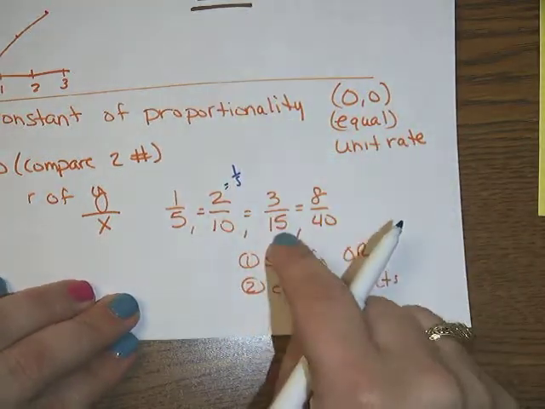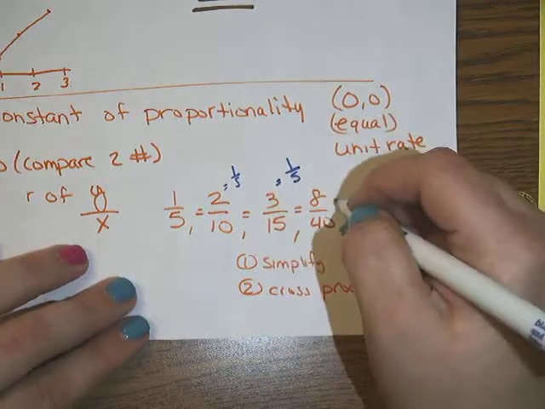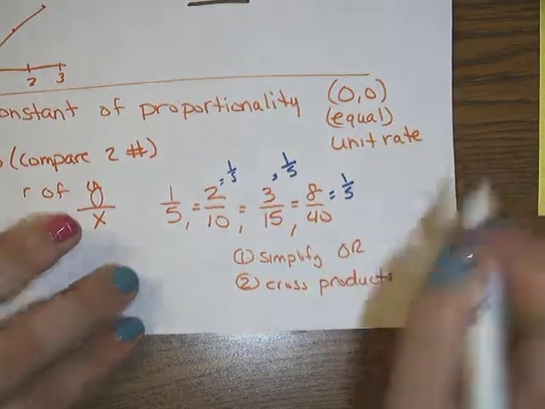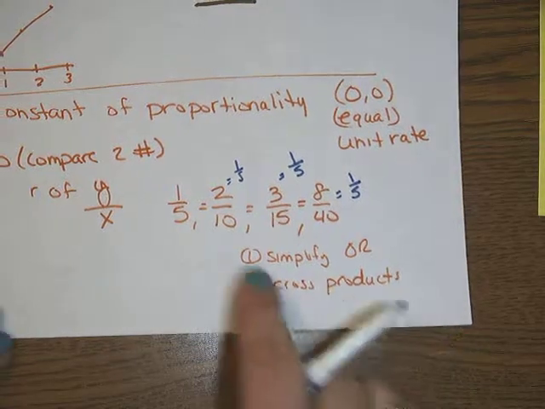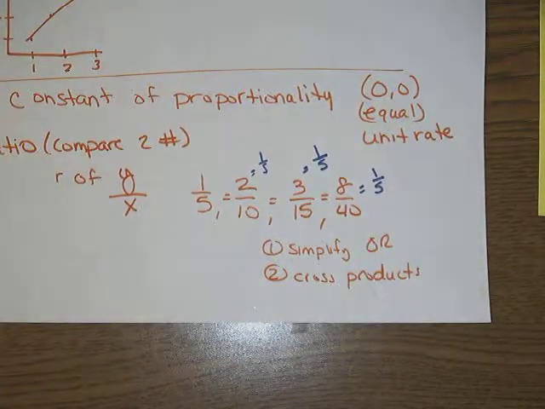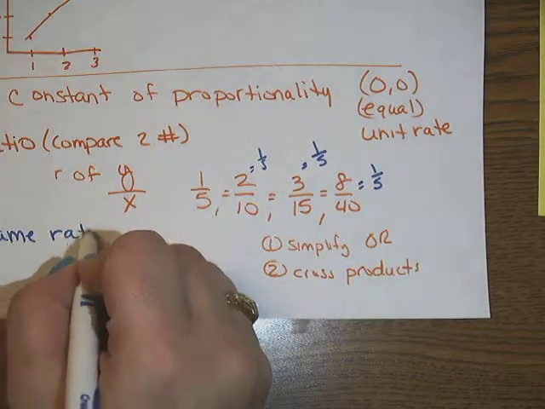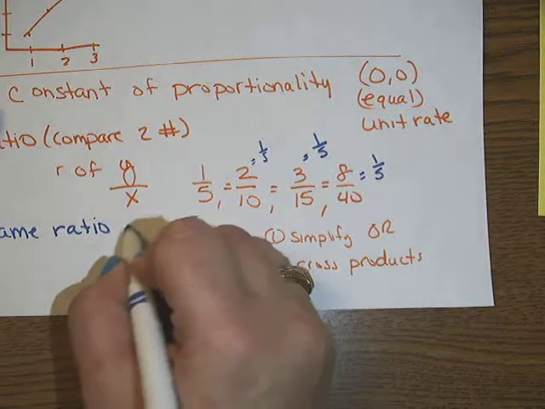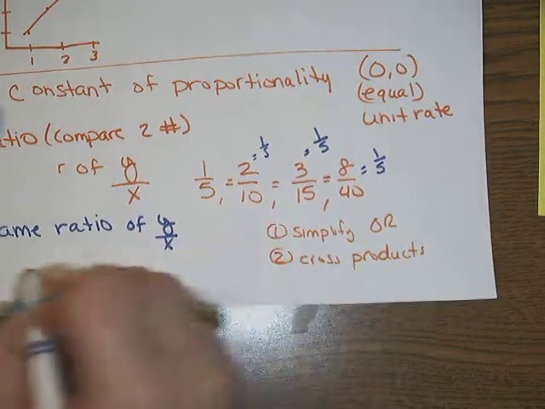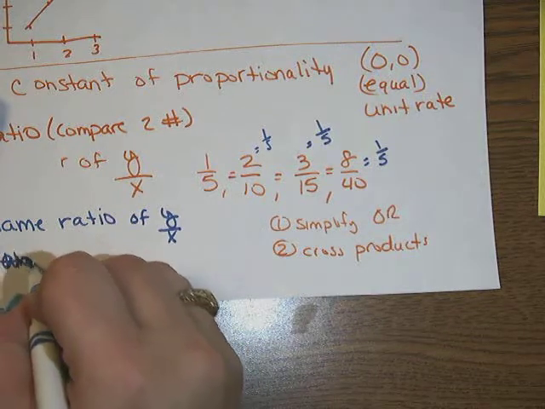If I'm good at division, I'm going to say, okay, I know that 2/10 simplifies to what? 1/5. Does everybody agree? So that one equals 1/5. Can 3/15ths be simplified? To what? 1/5. Can 8/40ths be simplified? Yeah. So if I'm good at simplifying, I'm just going to simplify, and I see 1/5 is 1/5 is 1/5 is 1/5.